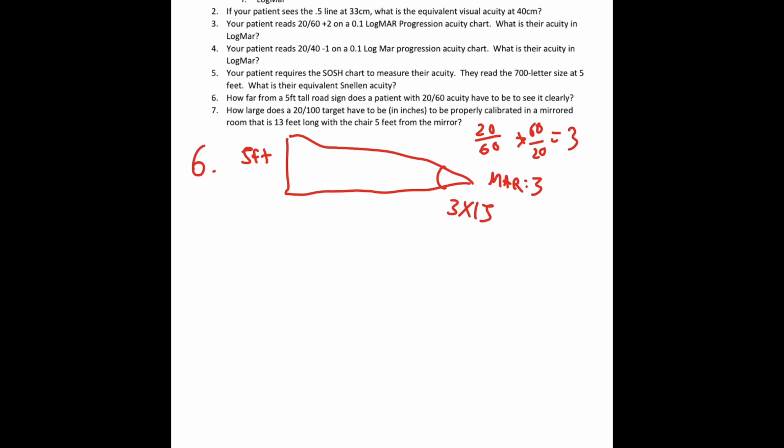So 3 times 5 equals 15. And so this angle is 15, but not degrees, it's 15 minutes of arc. And so I'm just going to remind you that 1 minute of arc equals 1/60th of a degree.